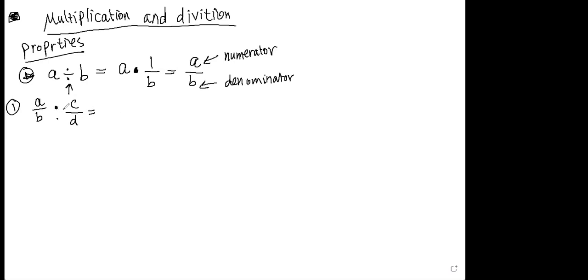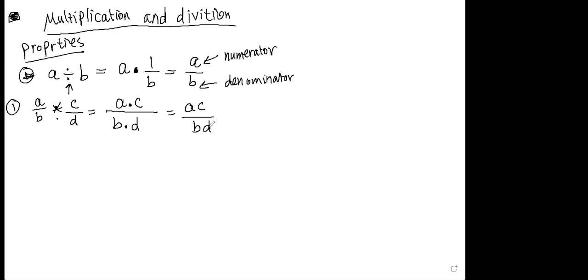For multiplication, when we see a fraction times a fraction, we multiply both numerators together and both denominators together. Yes, A times C over B times D. No cross multiplication. This will give me AC over BD.